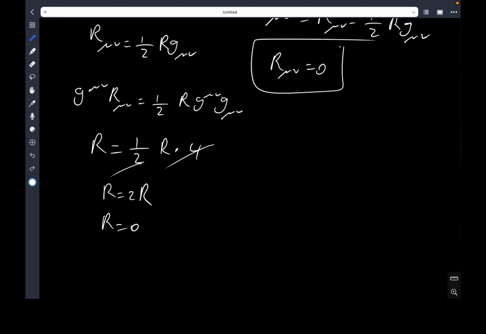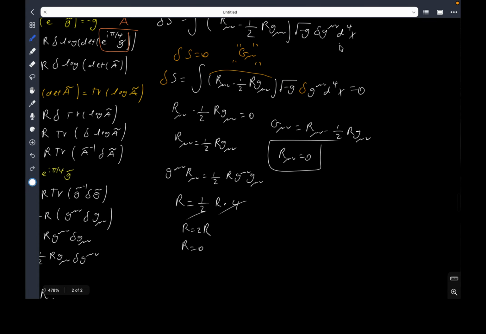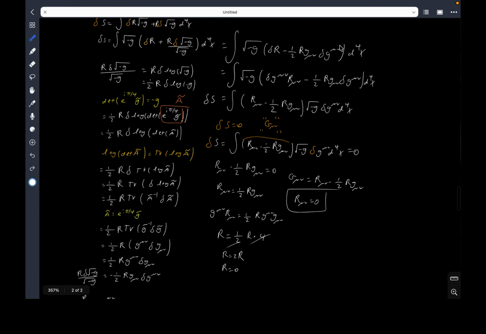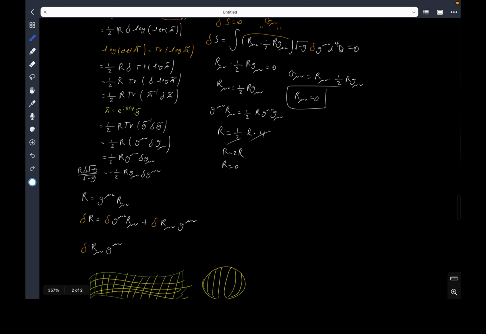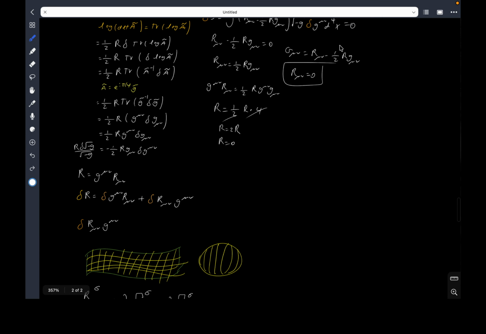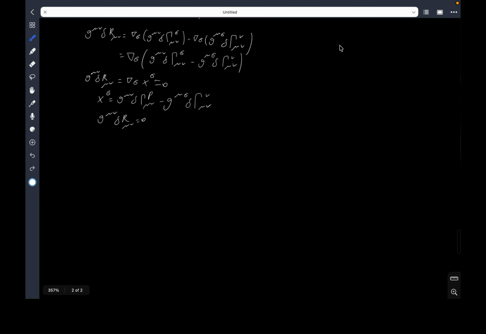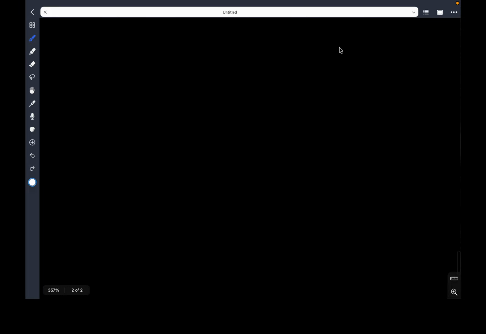So in next videos, I'm going to show you how we can solve for the metric tensor for which R mu nu would be equal to 0. For example, the Kerr solution for rotating black holes is a solution to it. Flat spacetime is a solution to it. Anything that does not involve a spacetime with energy and matter would be a solution to it.